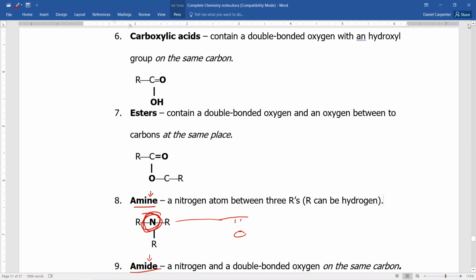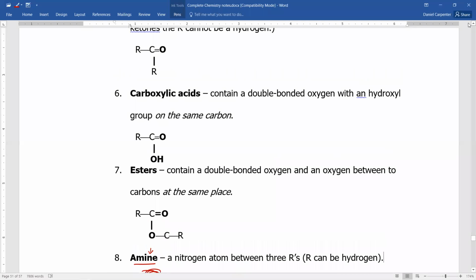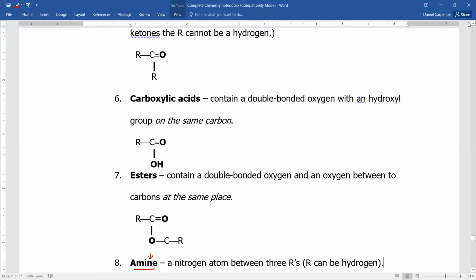Now, there are a whole bunch with oxygen. Double bonded O is in ketone. It's in aldehyde.